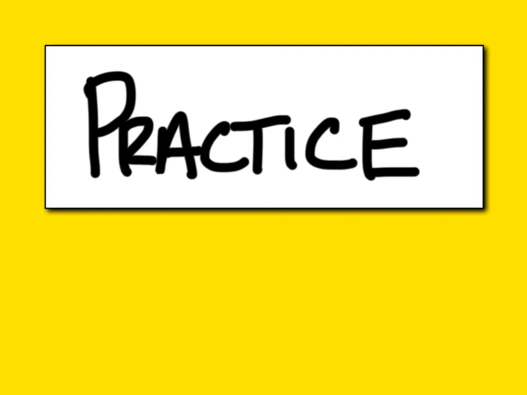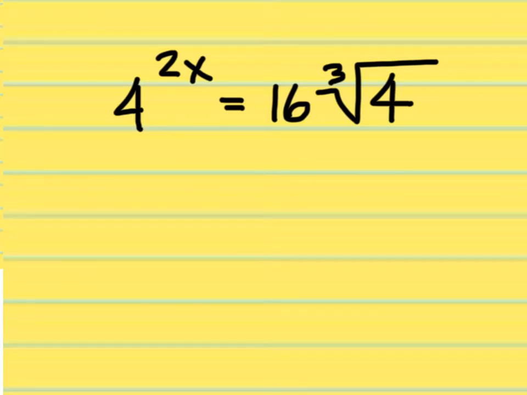This next problem is something that you have to draw upon that we just recently did last week. We have 4 to the 2x power equals 16 times the cube root of 4. Remember from last week and the week before that you can change a root into a base with a fractional exponent.